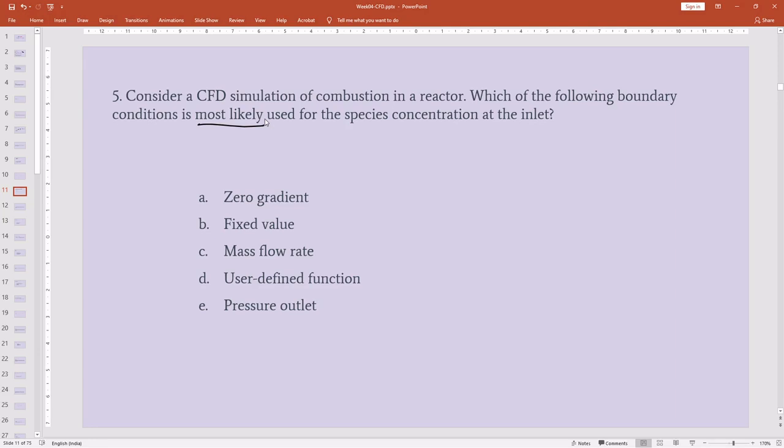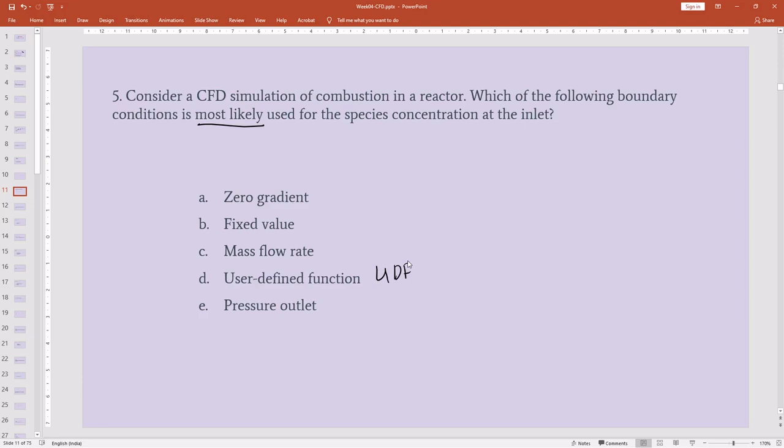The question is for the best suited. The options are: option A, zero gradient; option B, fixed value; option C, mass flow rate; option D, user defined function, also known as UDF.